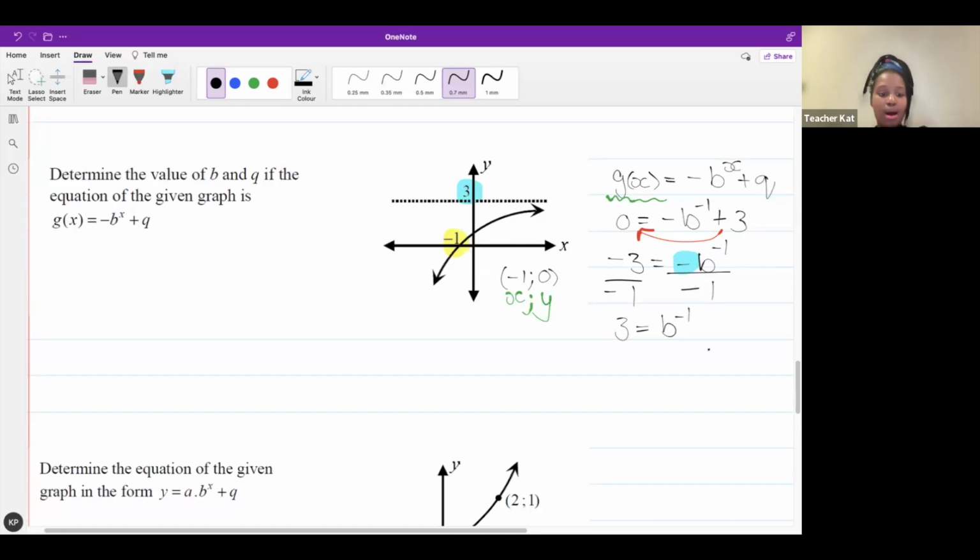Now I want us to go back to the laws of exponents. What happens when you have a negative exponent? What does that mean? It's a fraction. We'll put it in the denominator. So then 3 is equal to 1 over b. Are we solving for 1 over b here? No. Okay. So what do we do to get b back to our numerator?